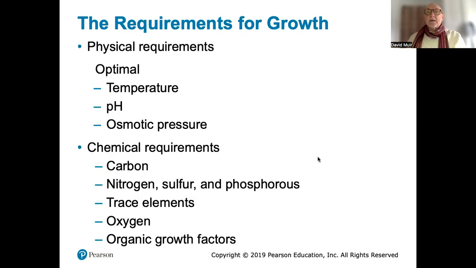So let's have a look first at the physical requirements for growth, because you'll realize that all of the metabolic processes we dealt with were governed by chemical reactions. Those chemical reactions catalyzed by enzymes.